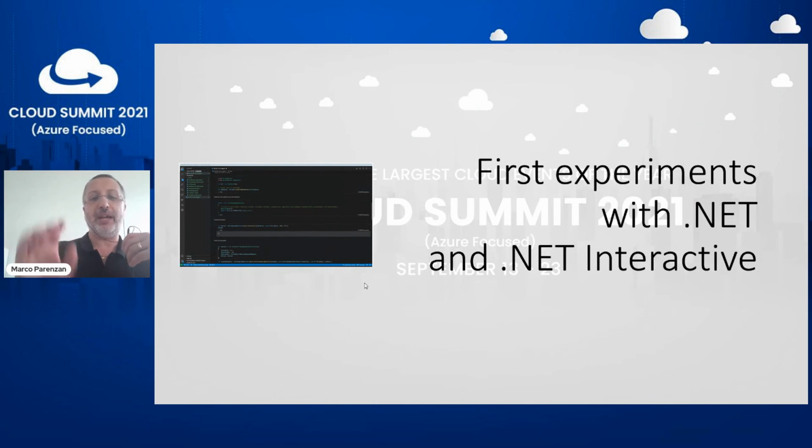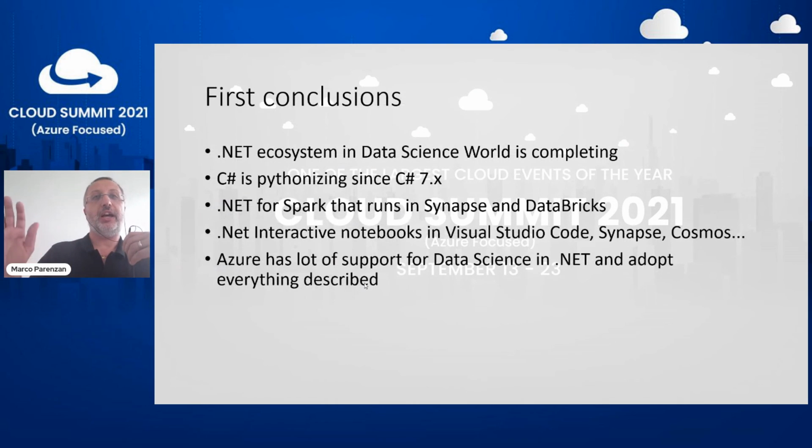So understand the message is that the .NET ecosystem in the data science world is completing. So it is not behind, it is far from it. No, .NET is ready to work 360 degrees to cover all the topics.